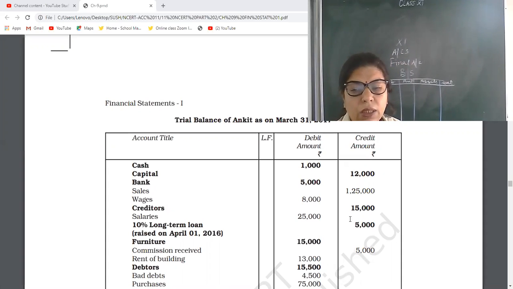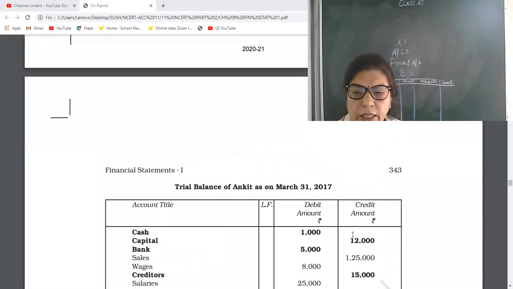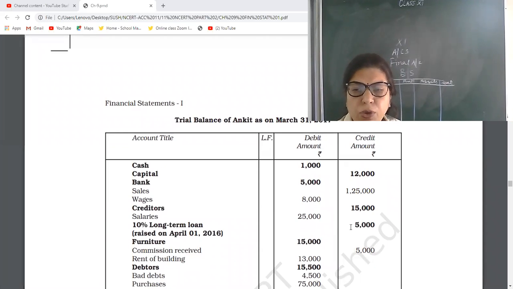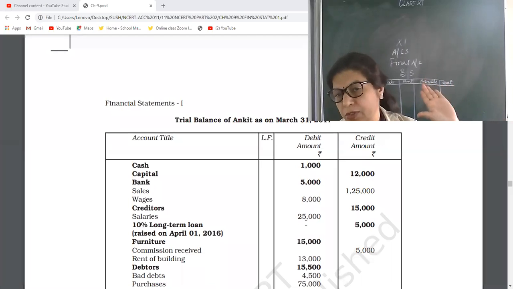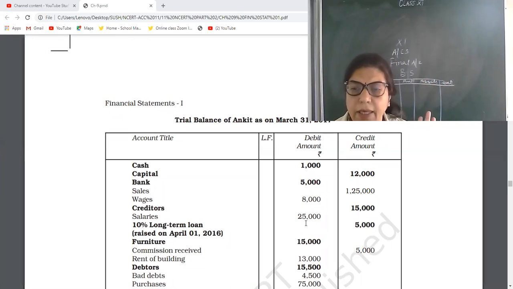Then loans, 5,000, liability. Furniture, see loans given in the credit, that's why it is liability. If loan is given in the debit, that will be termed as loan given to other person. So that will be asset in that case.